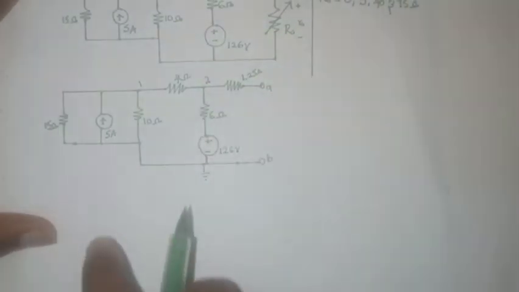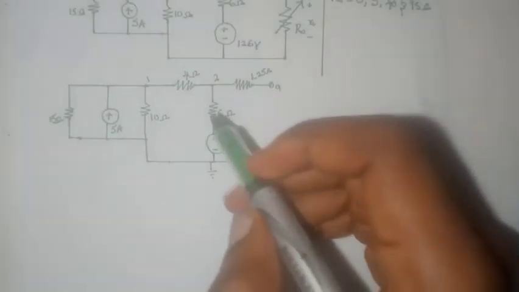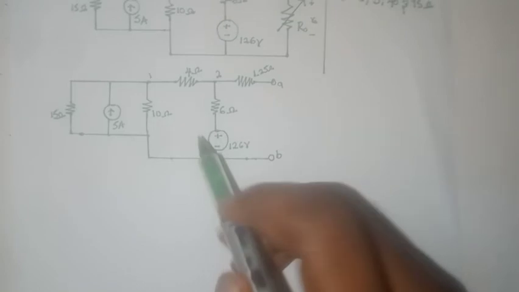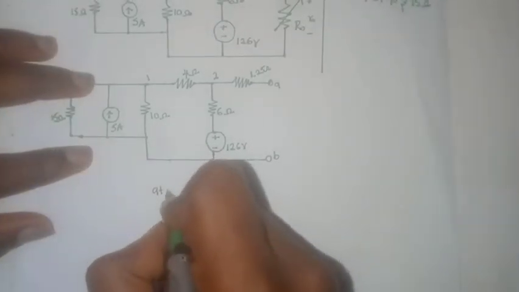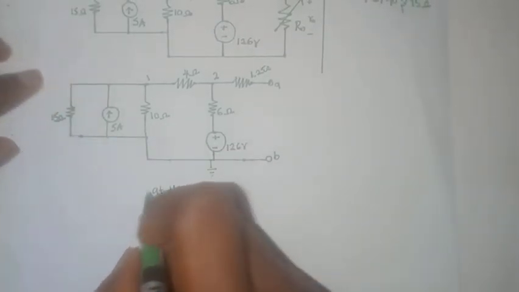Then we can write node equations at each node. Now at node 1, we can write the KCL equation there.